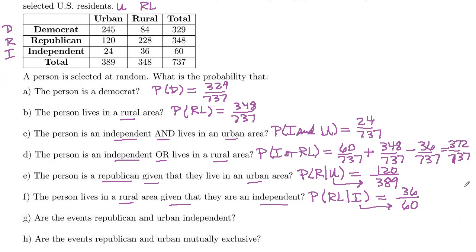And then, let's see, are the events Republican and urban independent? Well, we want to compare the probability of Republican and the probability of Republican given urban, and see if those two are the same. So Republicans, there were 348 out of 737.